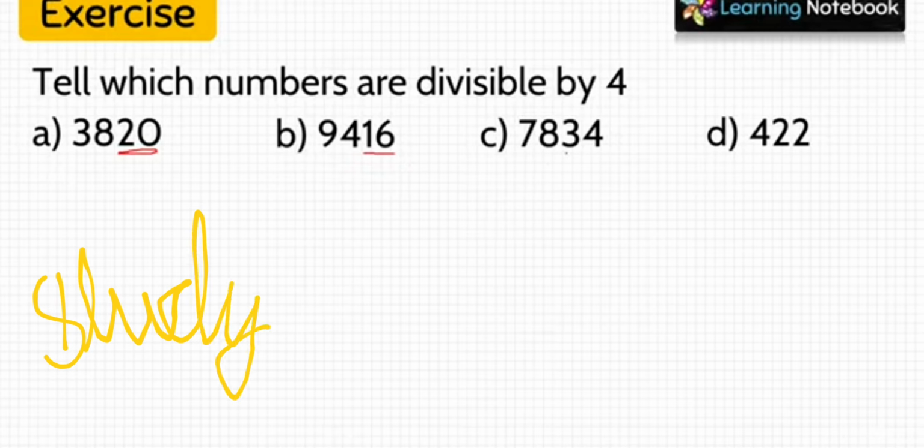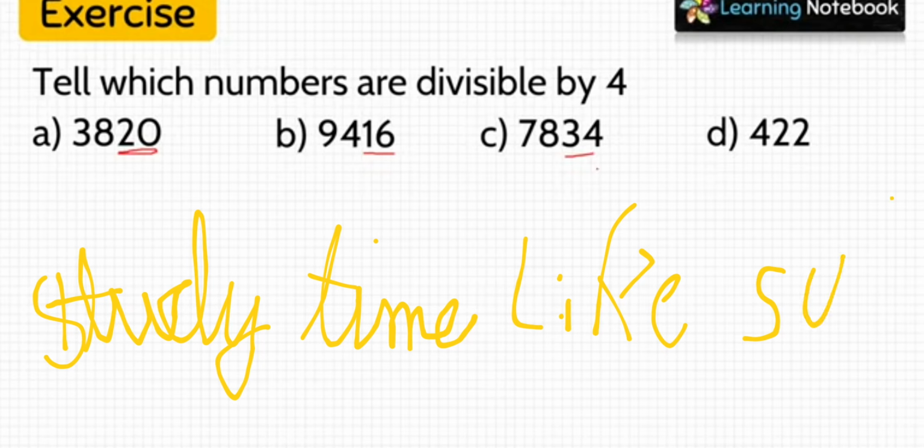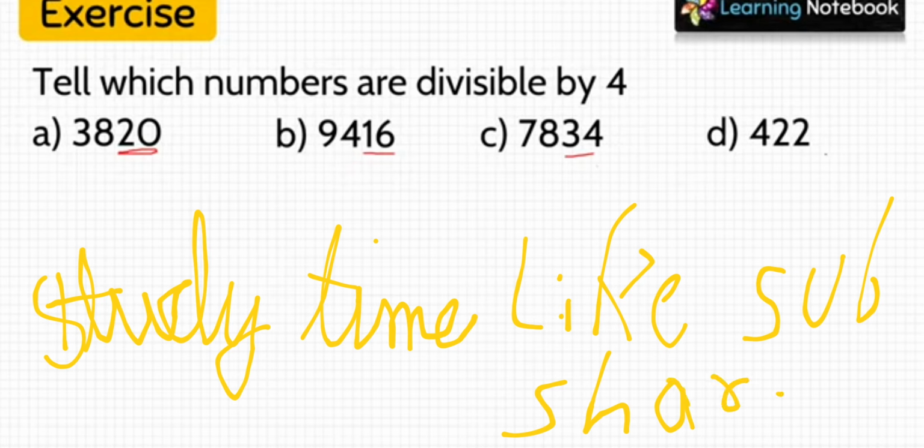Let's see the next number, 7834. The number formed by its last two digits is 34. Is 34 divisible by 4? No. Then 7834 is not divisible by 4.